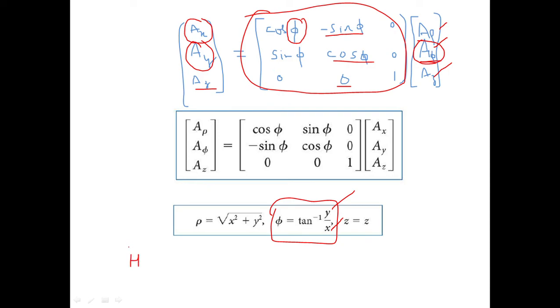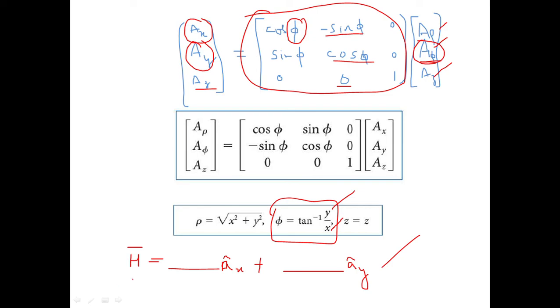You will get the h vector in the form of something into ax cap plus something into ay cap, right? So this will be the answer for the first case.